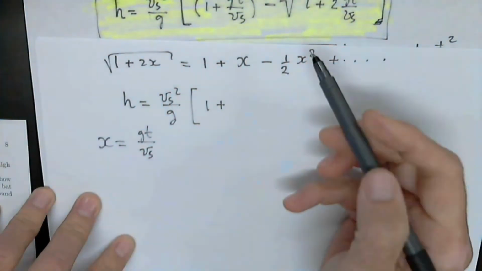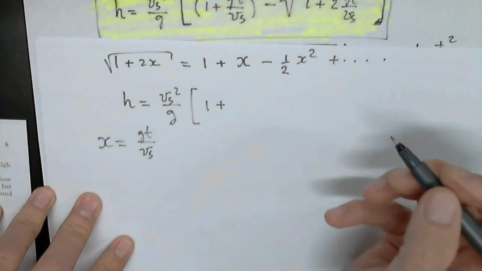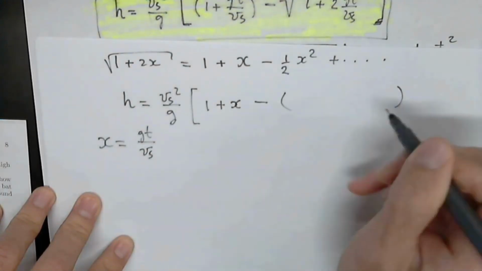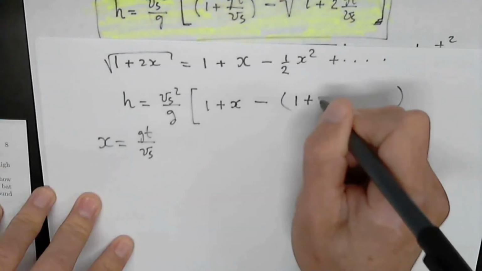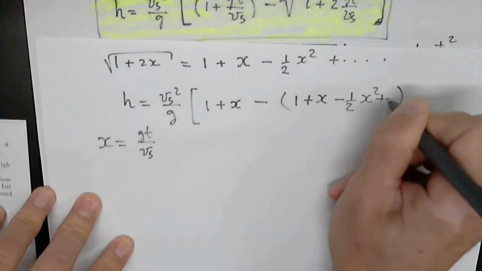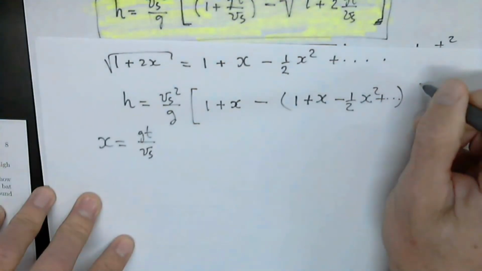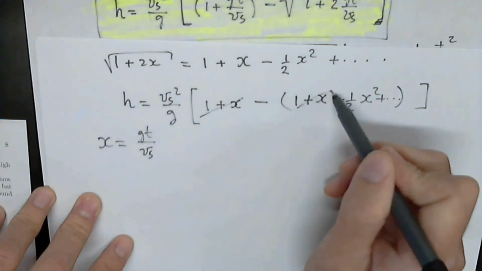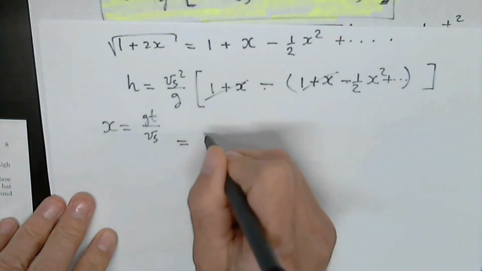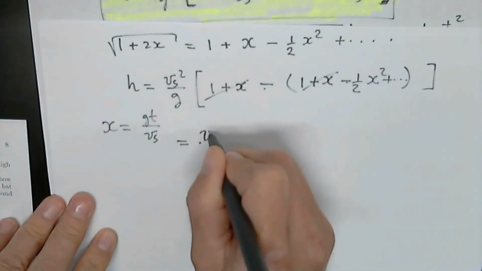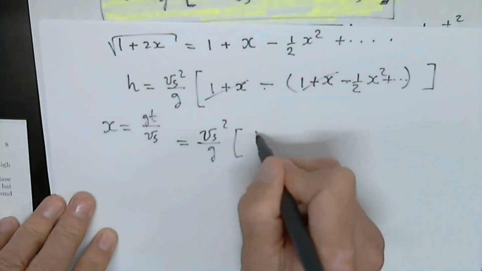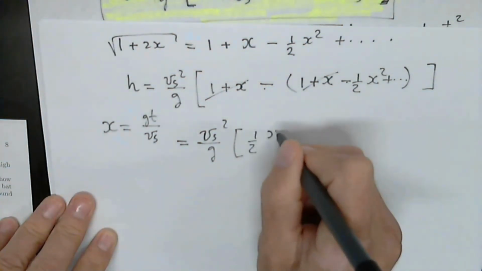It's a small number, 0.07, so I can do a Taylor expansion, minus, and now I put the Taylor expansion over here, 1 plus x minus 1/2 x squared, etc. You can see this term cancel, and negative times negative is plus, and I got bs over g squared times 1/2 x squared.